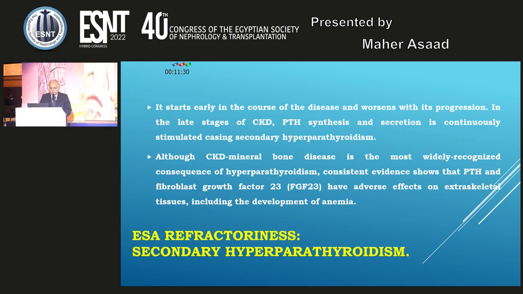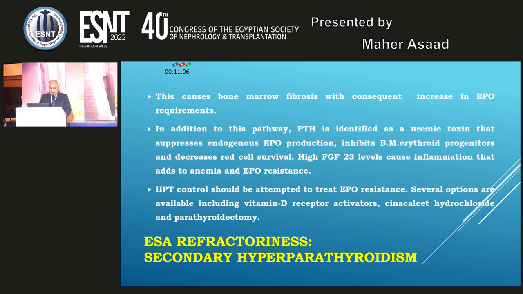Although chronic kidney disease mineral bone disease is the most widely recognized consequence of hyperparathyroidism, consistent evidence shows that PTH and fibroblast growth factor 23 have adverse effects on extraskeletal tissues, including the development of anemia. This causes bone marrow fibrosis with consequent increase in EPO requirements.